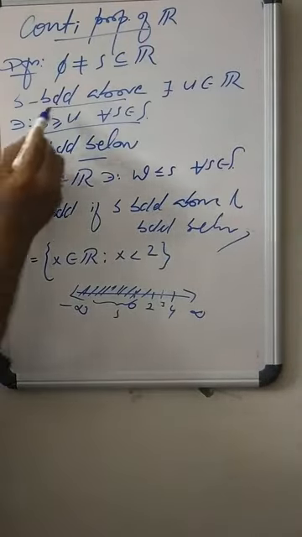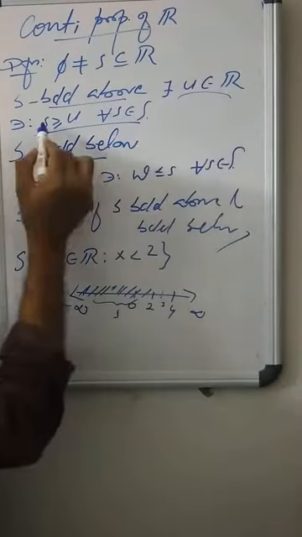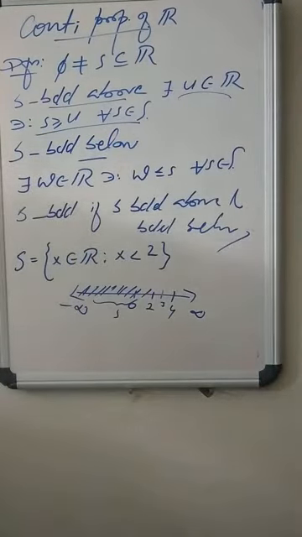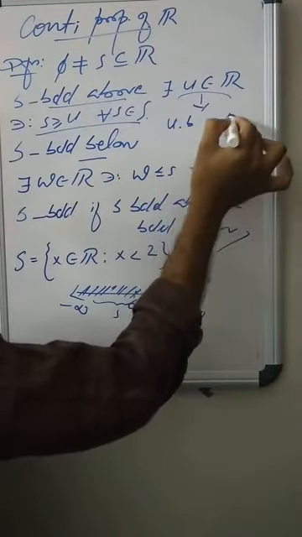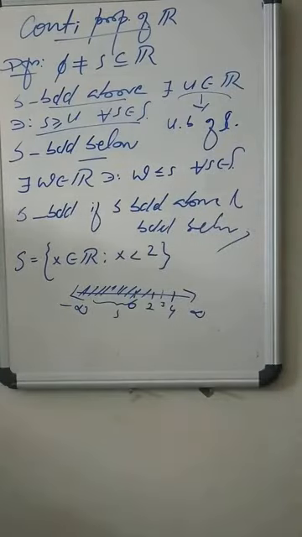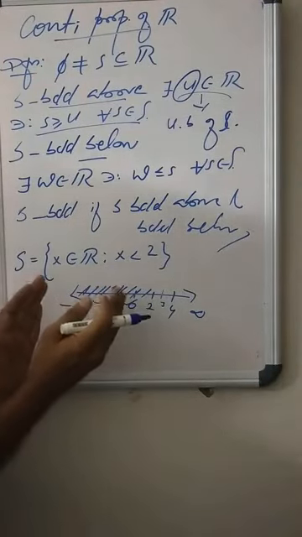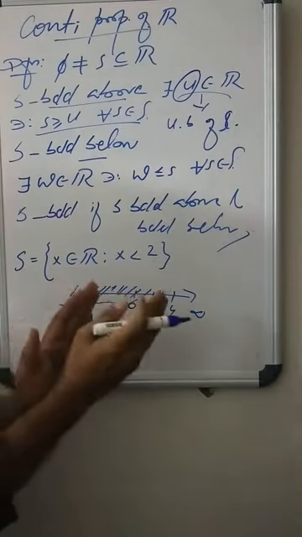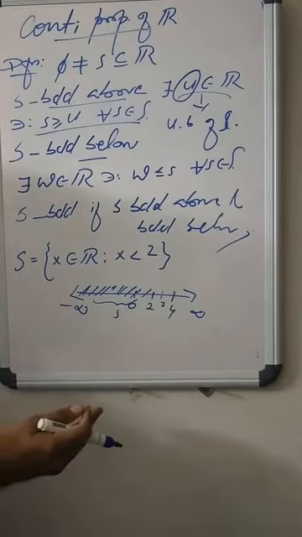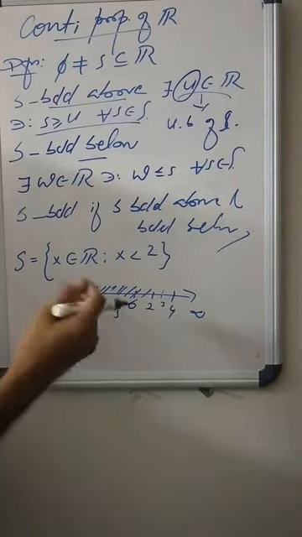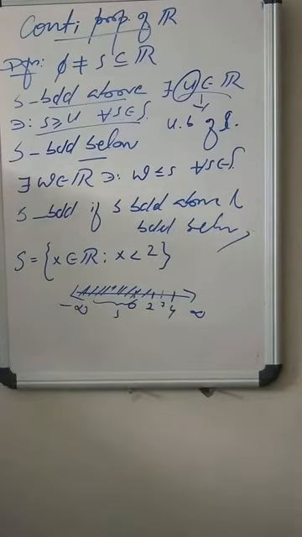For S bounded above, there exists u in R such that s is less than or equal to u for all s in S. Then this u is said to be an upper bound of S. Here, x less than 2 means a number greater than 2 acts as an upper bound of S. So there are an infinite number of upper bounds: 2 is an upper bound, 3 is an upper bound, 4 is an upper bound, whatever it may be.